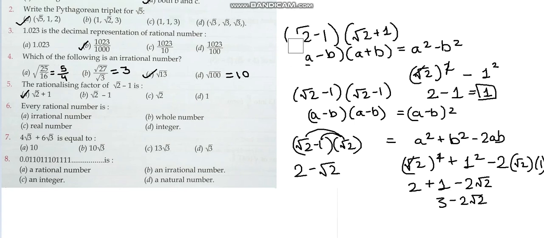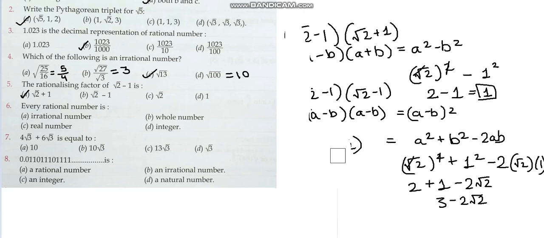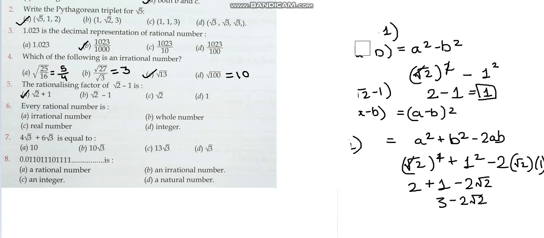In the sixth question, every rational number is: option A an irrational number, B whole number, C real number, and D an integer.